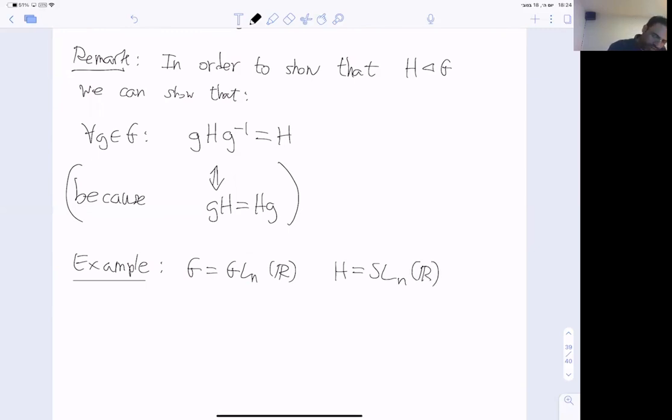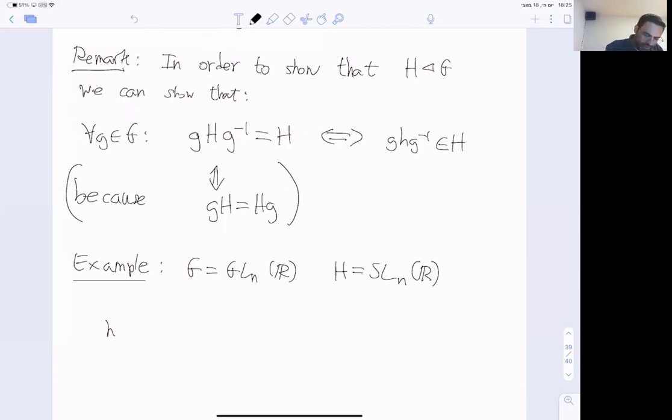By the way, this is the same thing as saying that gHg^-1 belongs to H. Any conjugation of an element h by an element g remains in H.